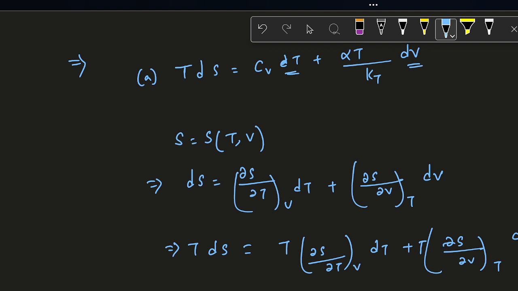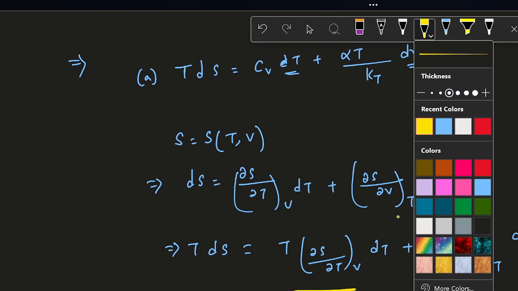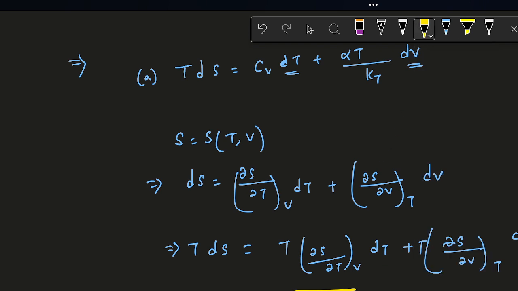Okay, now you have to understand what is the first and the second part here. This is term number 1 and this is term number 2.